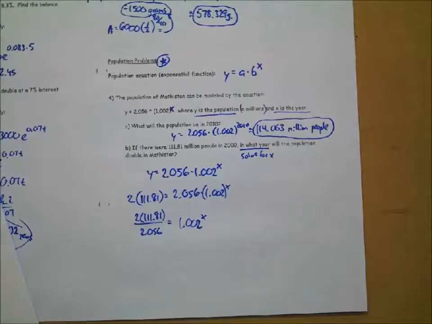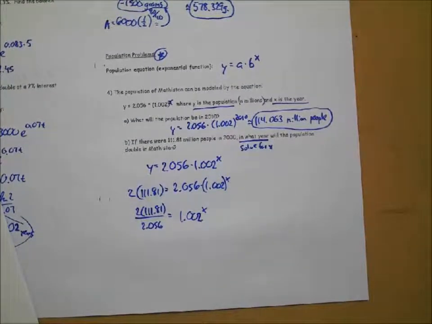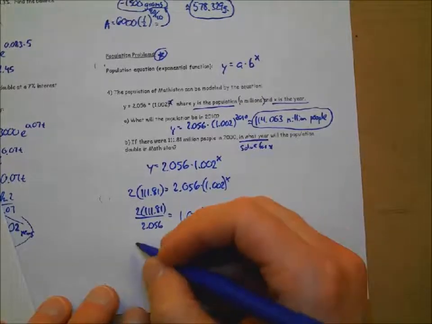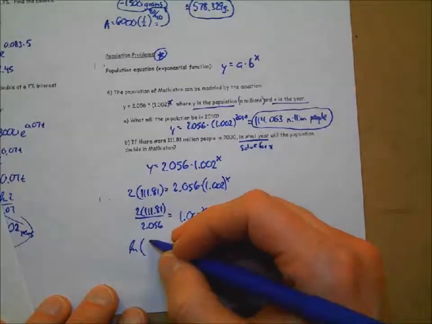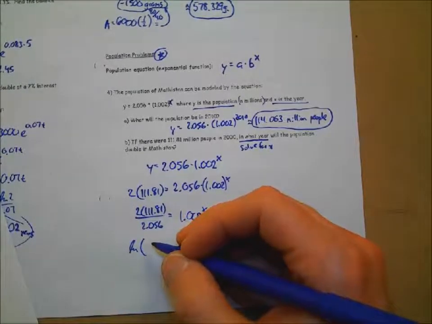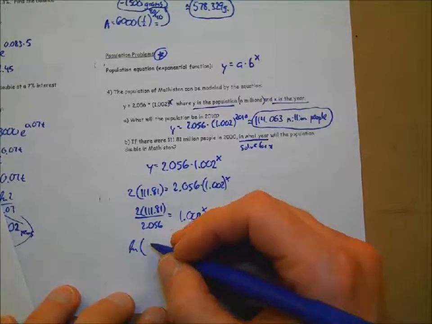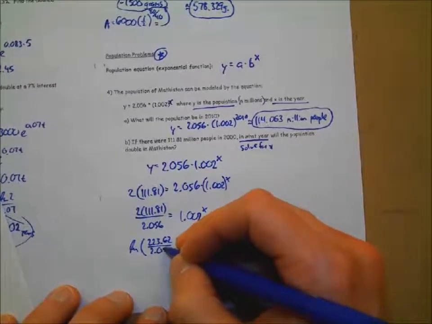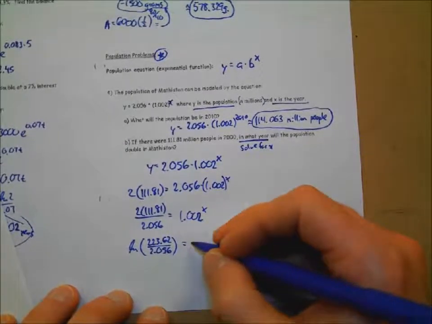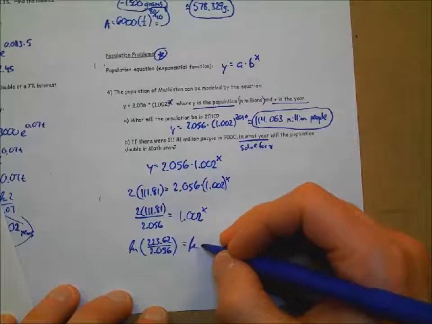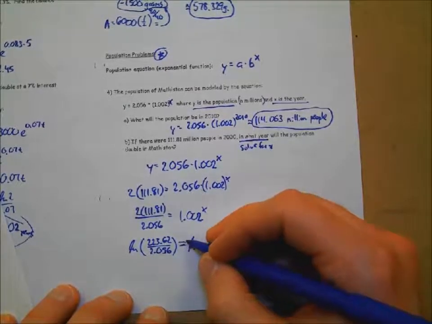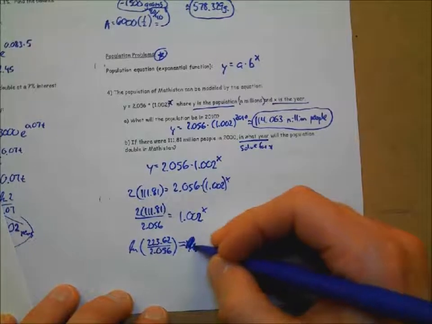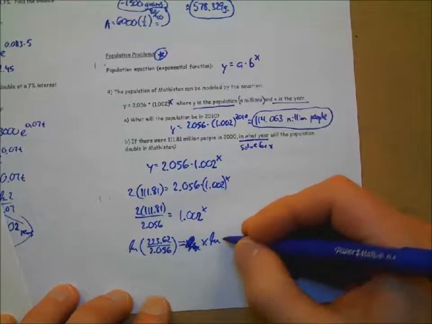And then again, you can use whatever logarithm you want. If you want to use log base 1.002, that's your choice. You can use log base 10, log base 7, whatever. I'm going to use natural log just because. I'm going to go ahead and double the 111, so it's really 223.62 over 2.056. That's equal to the natural log, x times the natural log of 1.002.